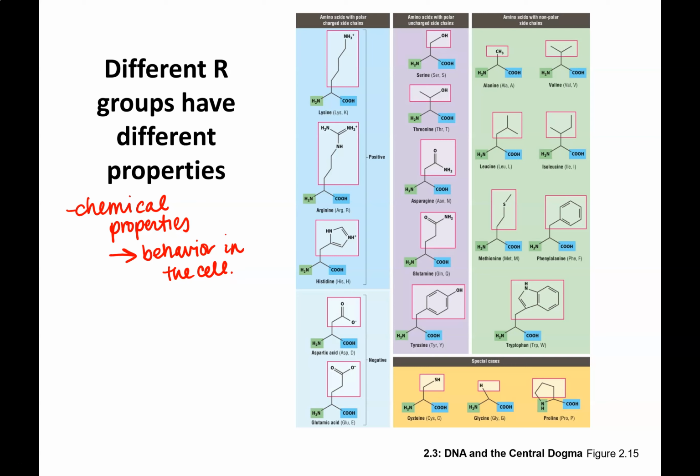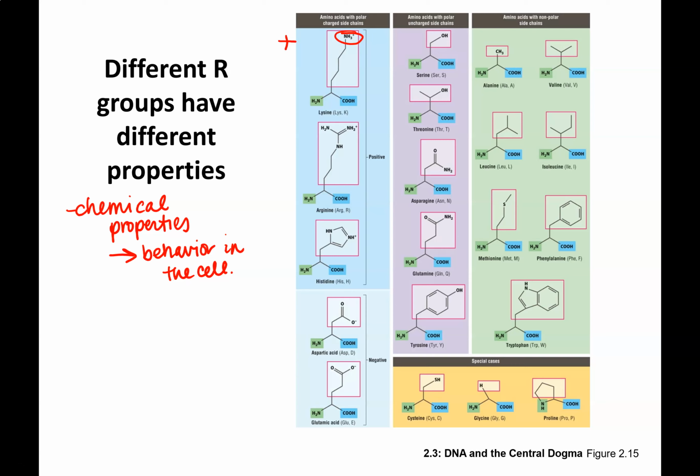So there are five major types of R group. We have amino acid R groups that are polar, which means they have a region that is charged either positively or negatively. So in this case, the R groups have a region that is positively charged.